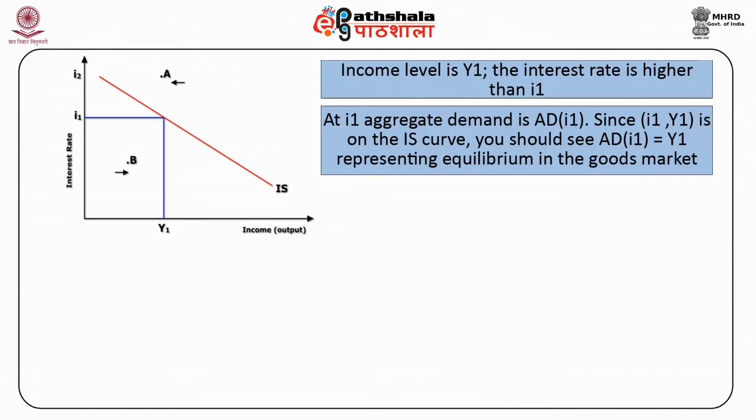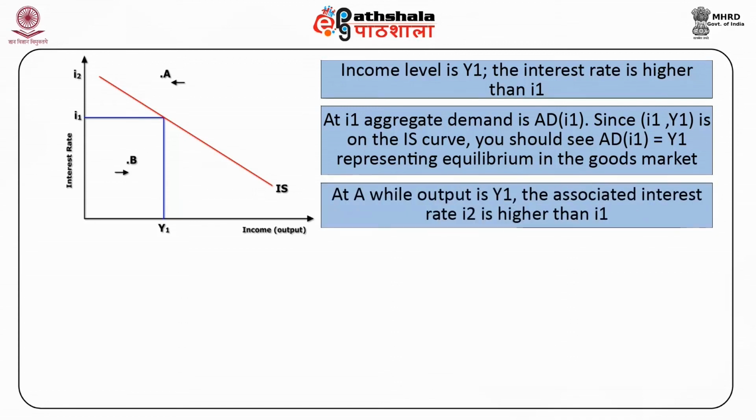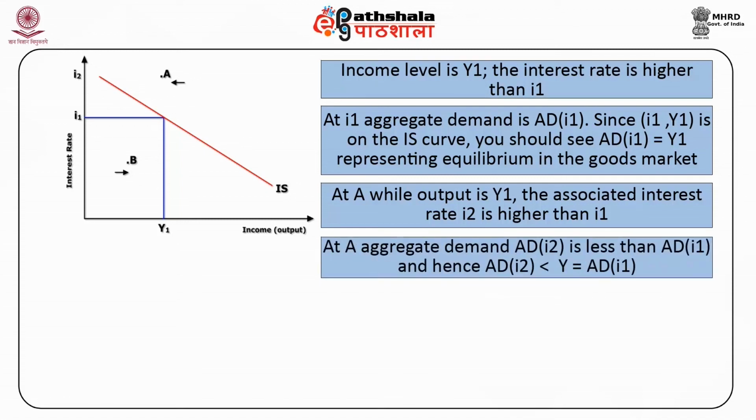However, at A, while output is Y1, the associated interest rate I2 is higher than I1. Hence, at A, aggregate demand AD(I2) is less than AD(I1), and hence AD(I2) is less than Y1, which is equal to AD(I1).